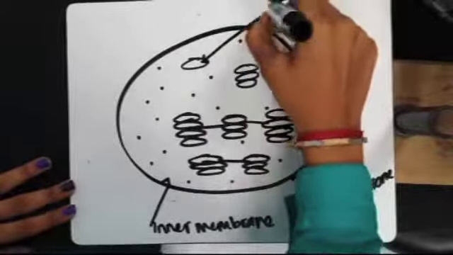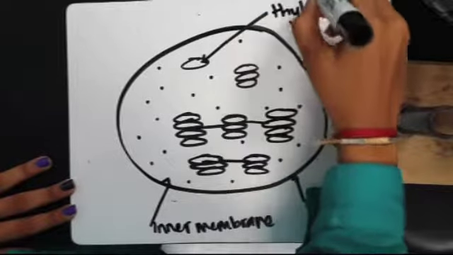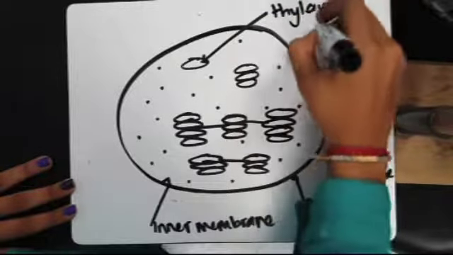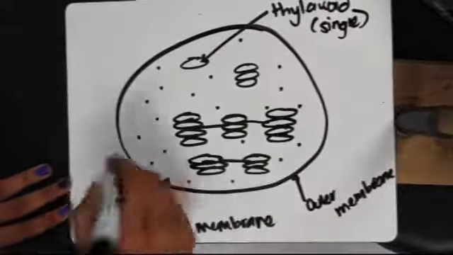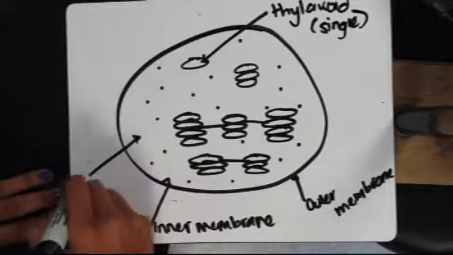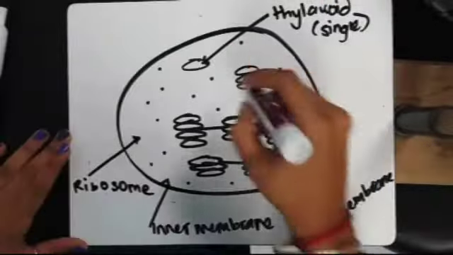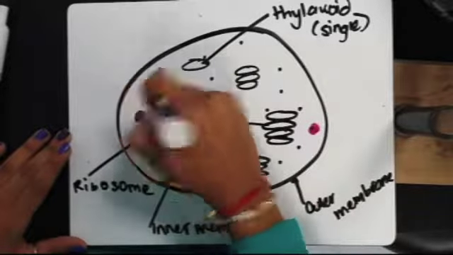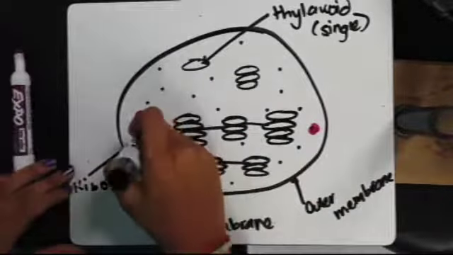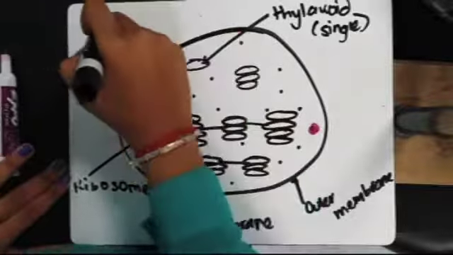A single one of these is named as a thylakoid. The tiny dots are ribosomes. The purple dots are known as starch granules.